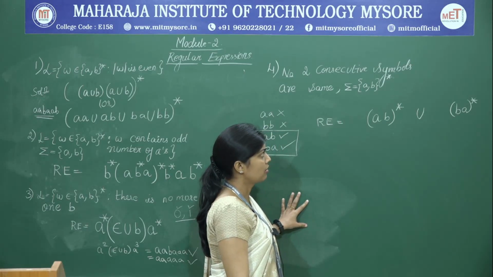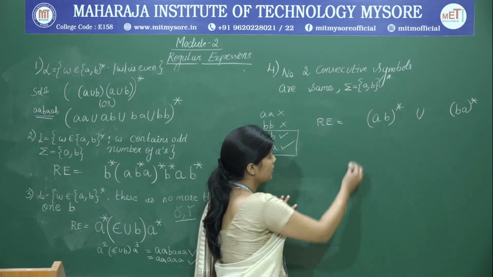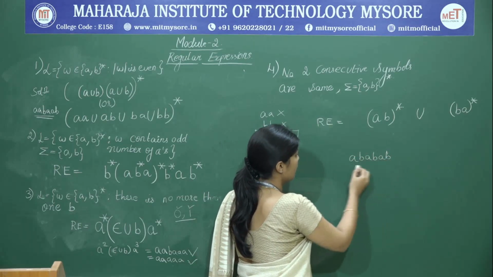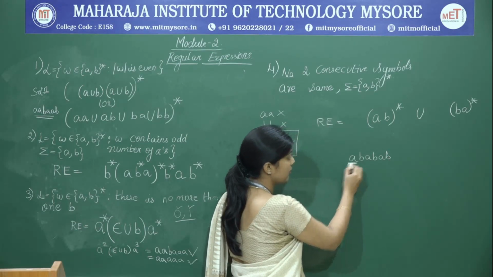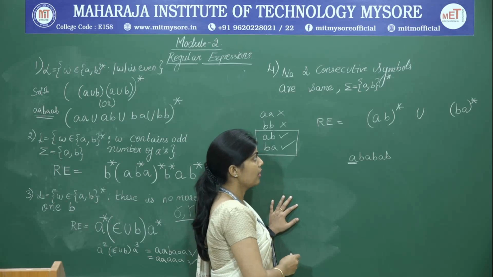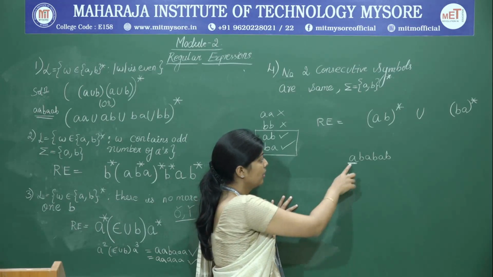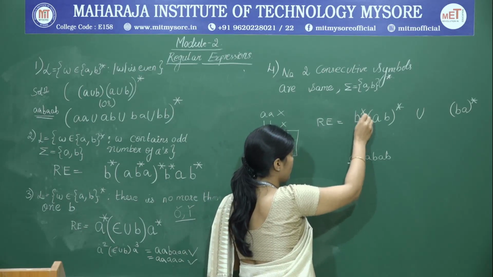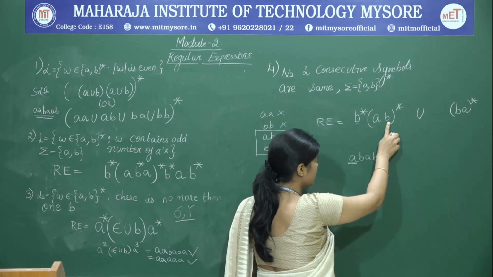But it is not enough if we write only this, because an AB repetition is only possible if we start from A. It is not compulsory that AB always repeats from A. So you can write here that a B may be present, then any number of AB's.